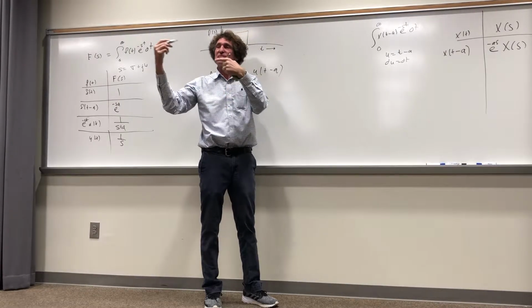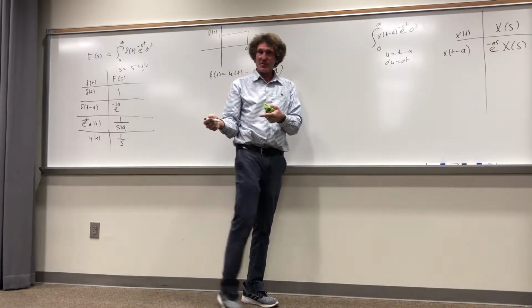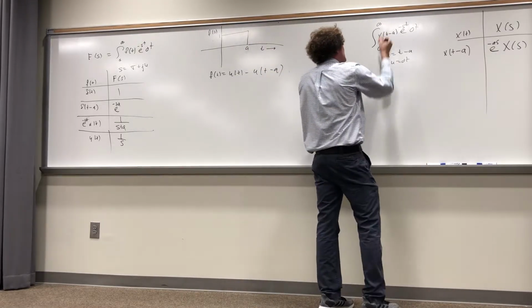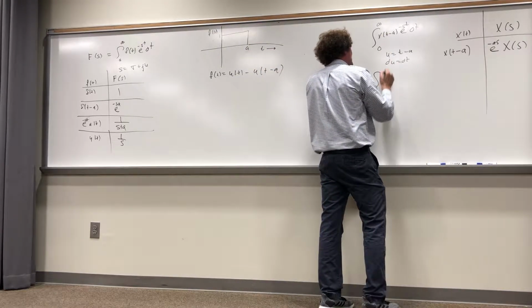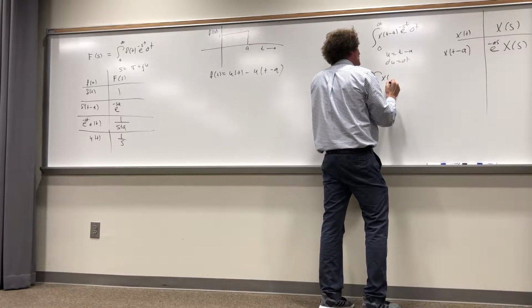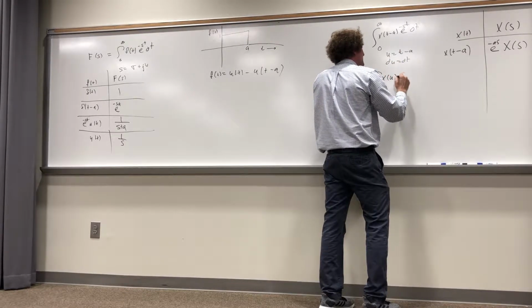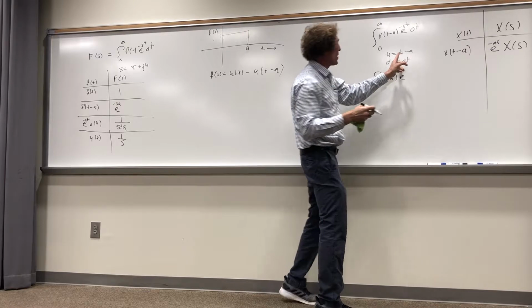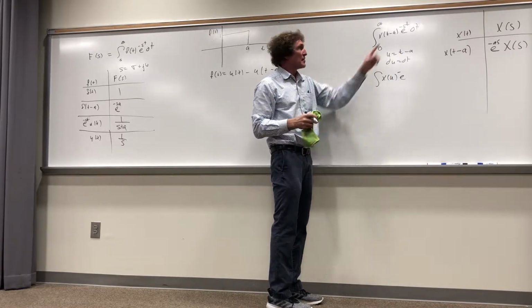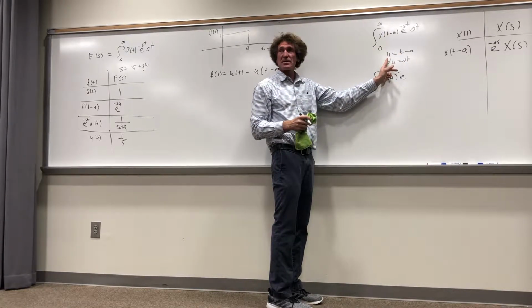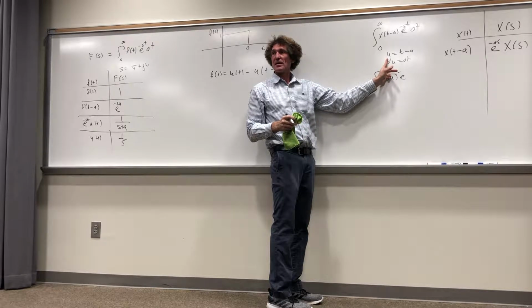Now, this doesn't have to be this form, but you have to know what's going on. If I take a look at this, then this becomes the integral of x of u. Then it's e to the minus, not t, but what? u plus a, correct? Because t would be replaced by u plus a. Can you all see that back there?